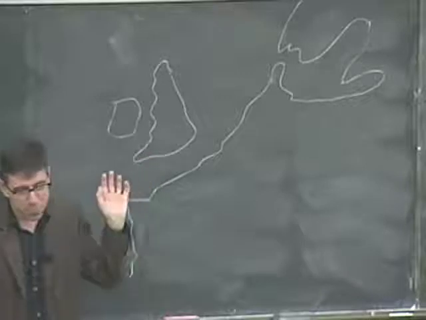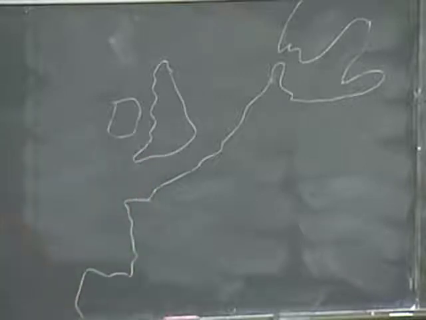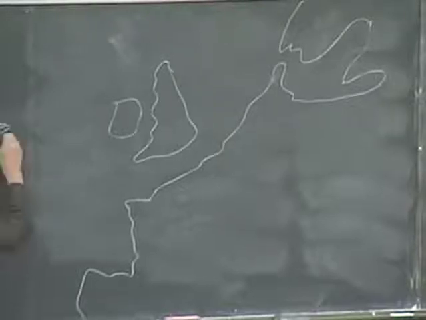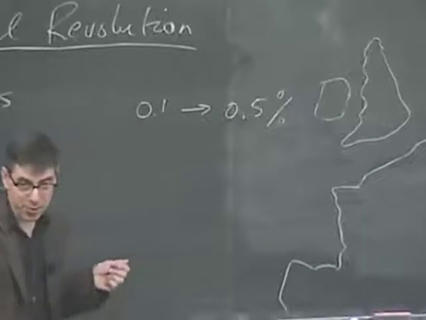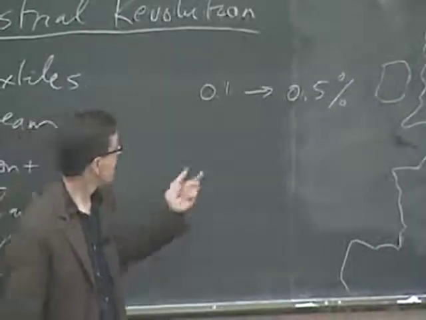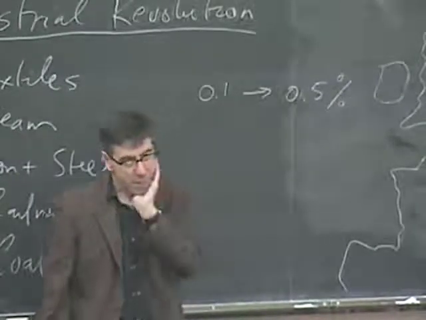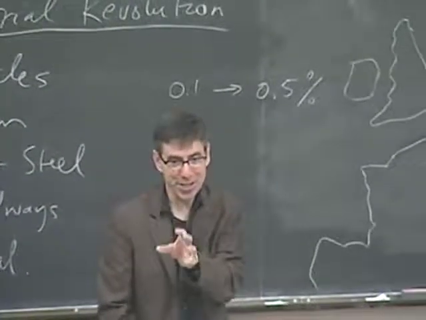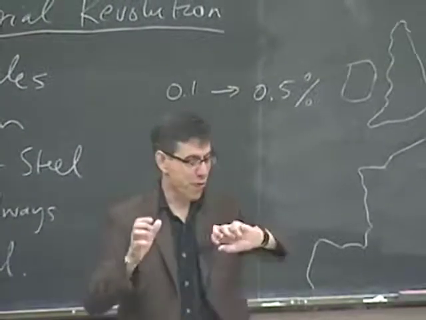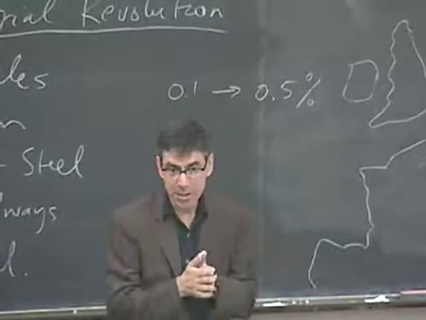Now, the productivity growth of the British economy moved from roughly 0.1% to about 0.5% per year in the Industrial Revolution period. That's a pretty dramatic change. And as I say, it's not modern productivity growth rates yet, but it's a dramatic change from what occurred in the pre-industrial world.